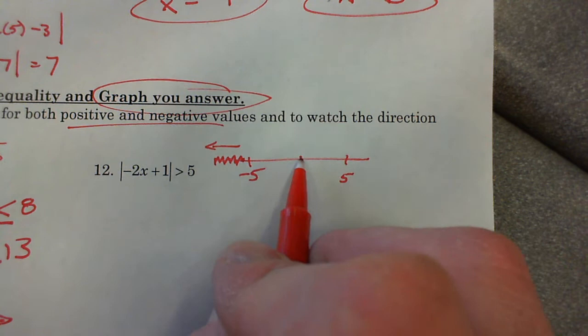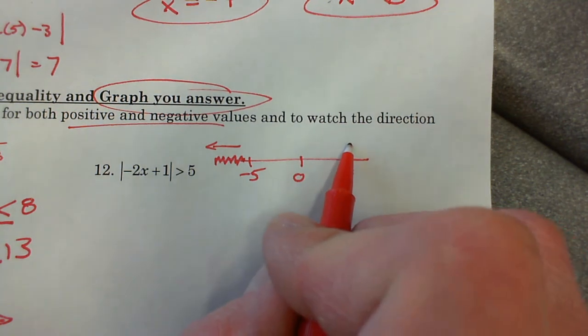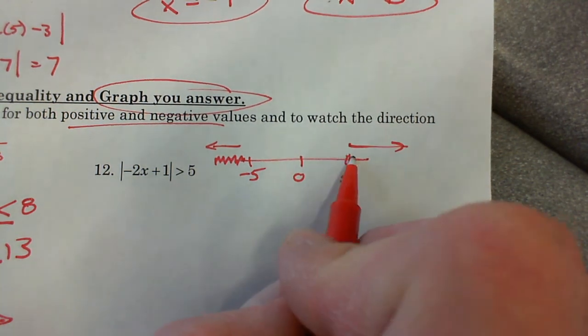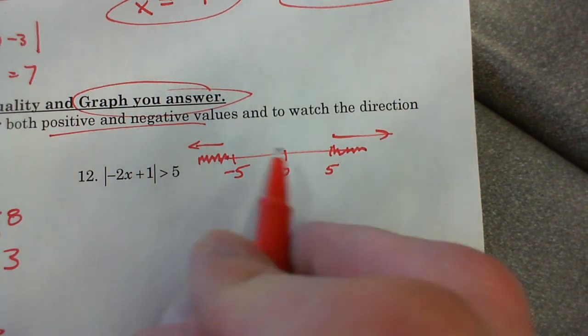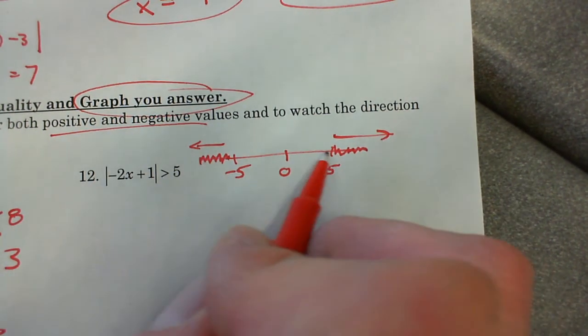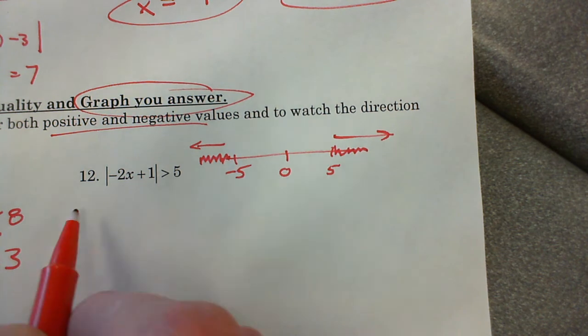On this side, if we went 5 this way, we would start here, but we need to get further and further away here, which means you'd be over there. So these two shaded areas represent where we want to be.